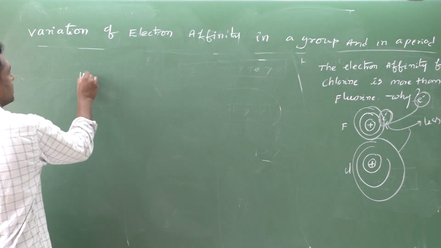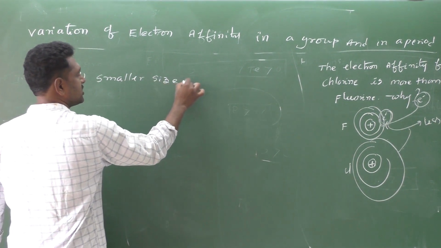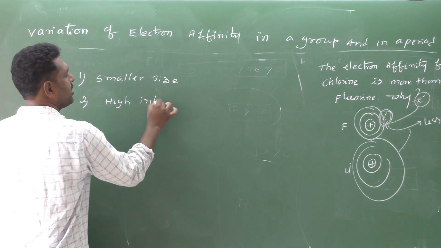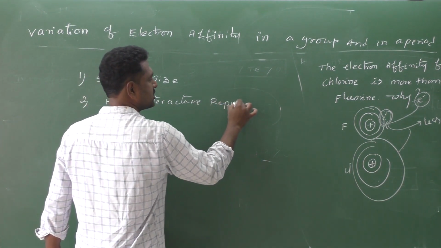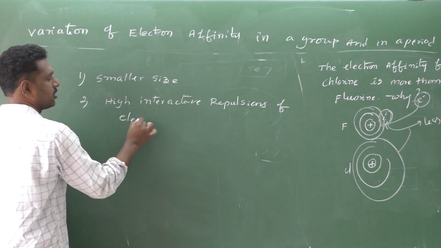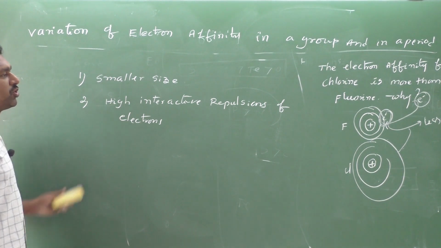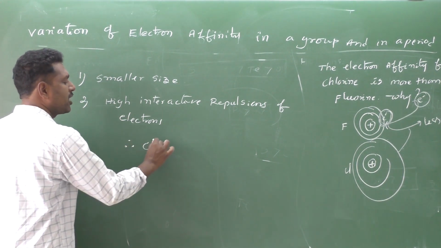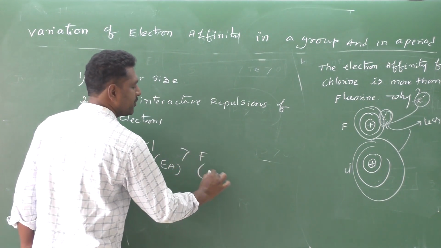So the reasons are smaller size and high interelectronic repulsions. Due to these two reasons, chlorine has more electron affinity than fluorine.